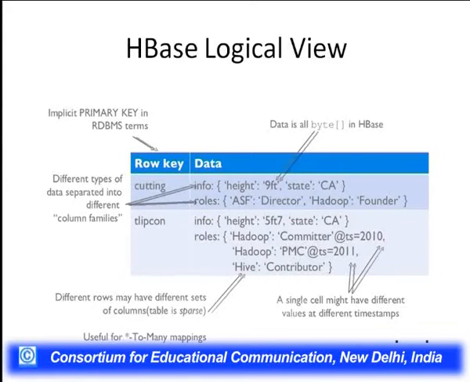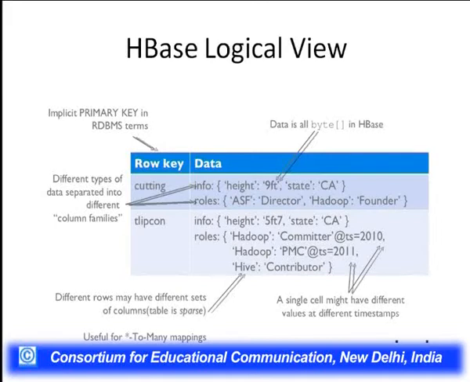Let's have a logical view of HBase. This is very similar to what we have already seen, but this one will give you a clearer picture of how data is logically organized in HBase. So we have row keys, which can be anything. These are like primary keys in a DBMS. Then we have different types of data separated into different column families, and then we have the corresponding column values.